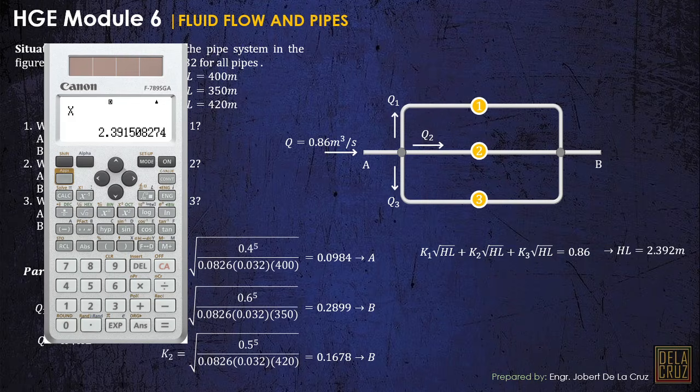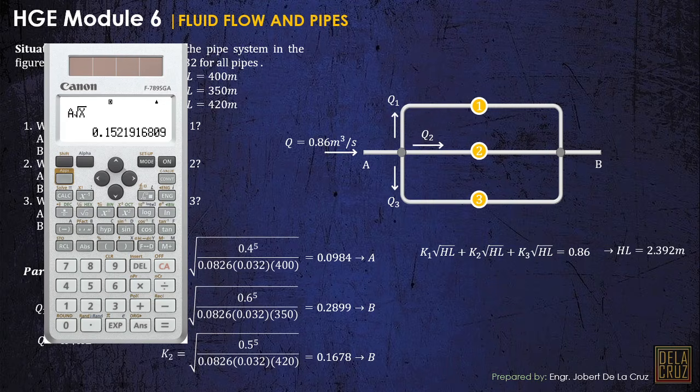Therefore, the corresponding discharge for discharge 1, that will be A square root of X. Ito, yung discharge natin sa line 1 is K1 square root of HL. So, this is K1 square root of HL.